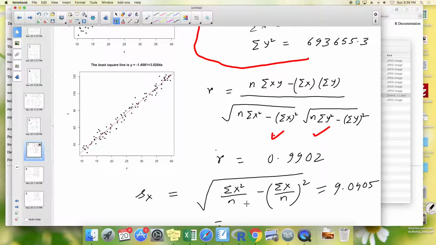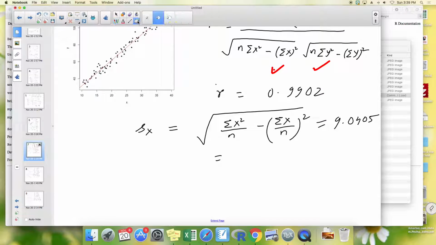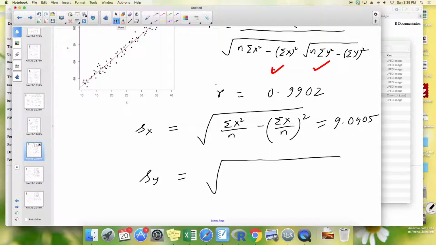Similarly, sy equals the square root of summation y square by n minus summation y by n whole square.